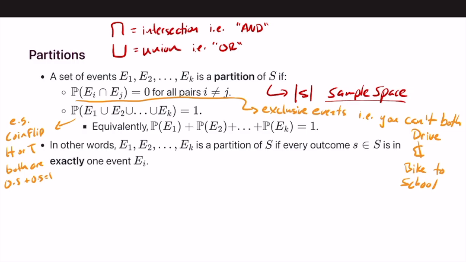So this probably makes sense, but to solidify it, let's do the pretty picture principle and draw a picture. When we say your K E's form a partition of S, that says that every outcome is in exactly one and only one event.